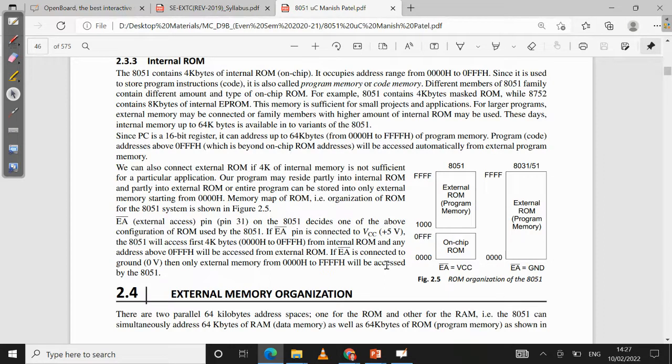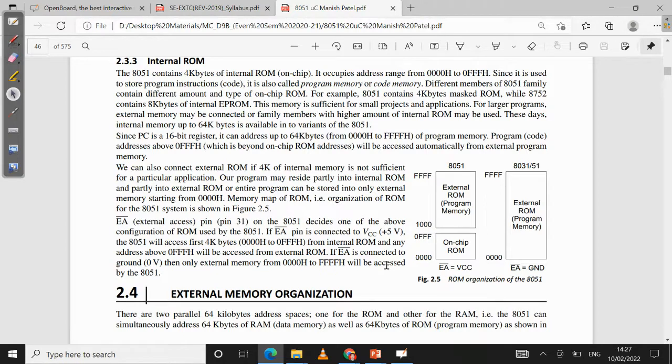If the program cannot fit into 4K of ROM, then we have two provisions: one, an external ROM with a size of 60K, or else an external ROM with the full size of 64K. I have explained all the possible reasons.